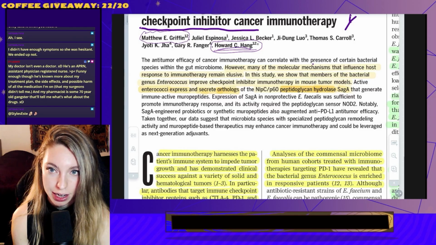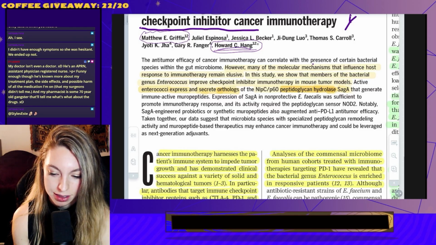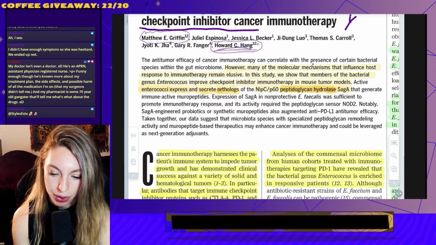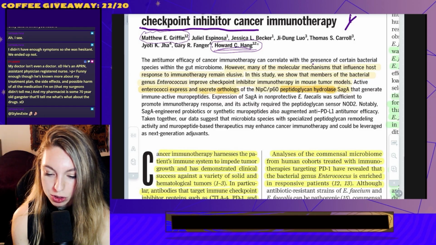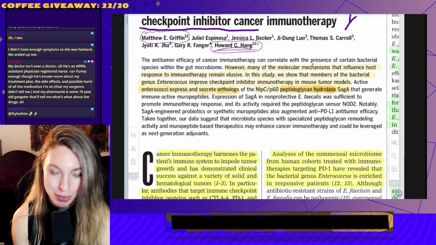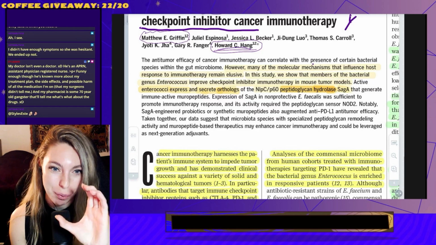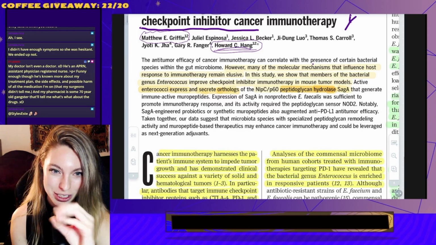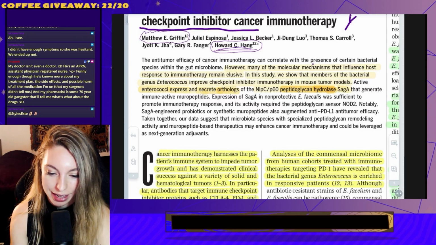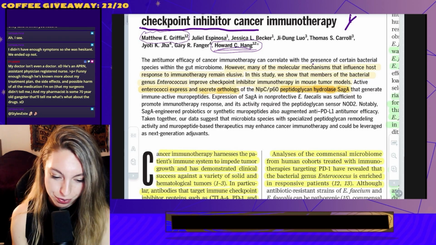When I see hydrolase, that usually means it's an enzyme because of the -ase, and hydro means it's probably an enzyme that cleaves bonds using water, and here it's specifically cleaving peptidoglycan, the cell wall of bacteria. Think about it like a little Pac-Man with a little mouth, and it just cleaves things. Here it's cleaving peptidoglycan, and it's called SagA. So SagA is our little Pac-Man cleaving machine.